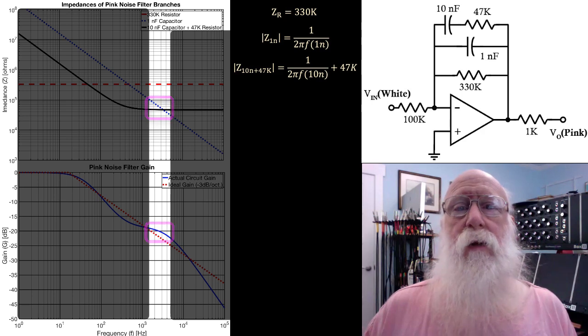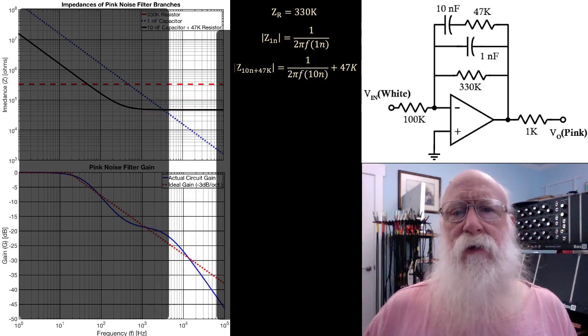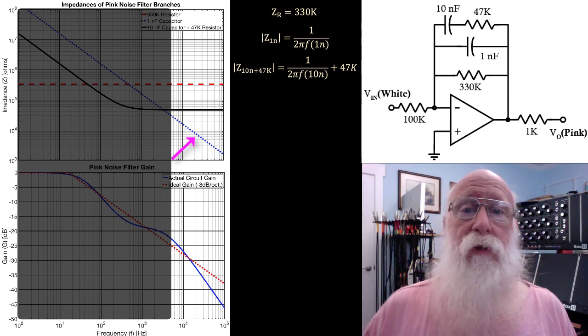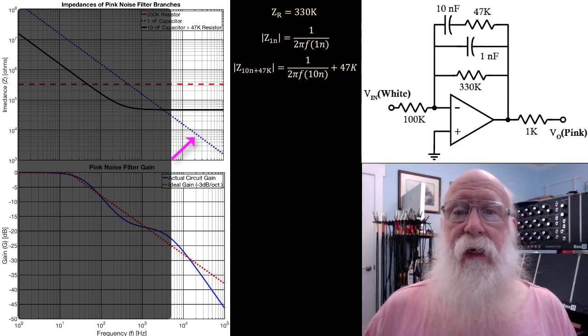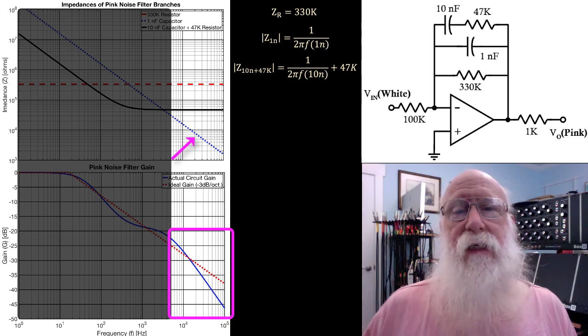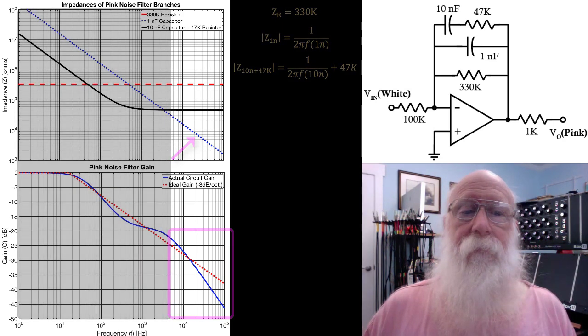And finally, as you go beyond about 5000 Hz or so, the 1 nanofarad branch becomes the smallest of the three impedances by a good margin, so the other two do not affect the overall parallel combination much, and your final response approaches minus 20 dB per decade or minus 6 dB per octave.